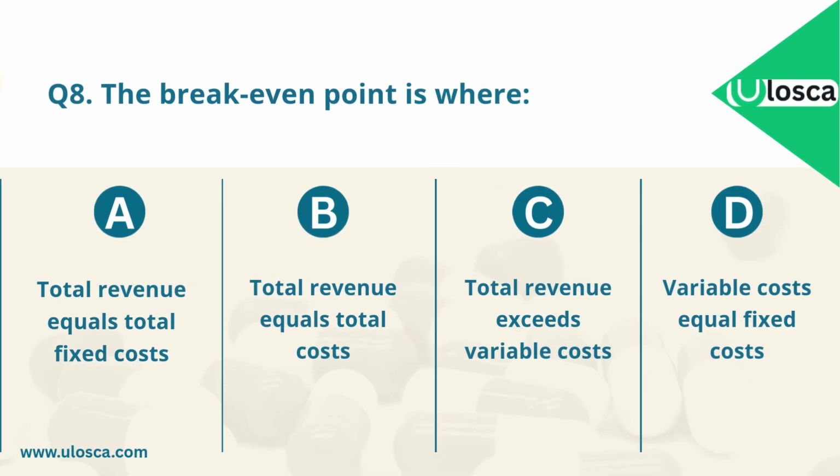Question 8. The break-even point is where A. Total revenue equals total fixed costs. B. Total revenue equals total costs. C. Total revenue exceeds variable costs. D. Variable costs equal fixed costs. Which one is the correct answer?